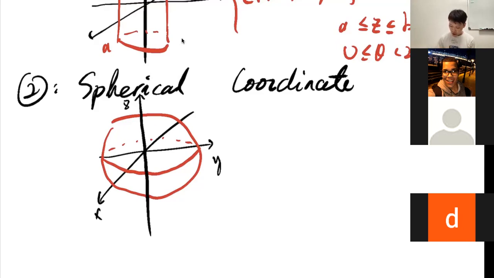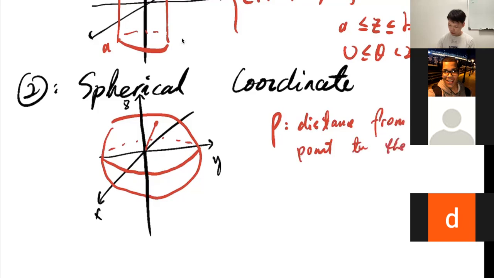Another way to visualize the points on the sphere is by first knowing the distance between the point and the origin. We call that rho. So this is the distance from the point to the origin.